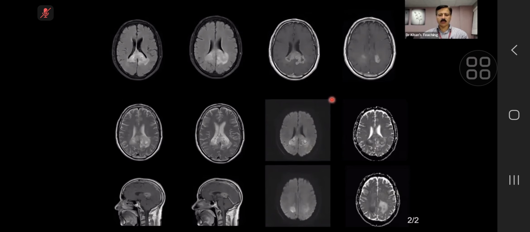Now, one lesion, not in this particular case, but you can suggest it and then rule it out in the examination, is tumefactive MS. I'll show you cases. Tumefactive MS, as the name tells you, is MS which appears as a big lesion, like a mass, and it has come in the exam.